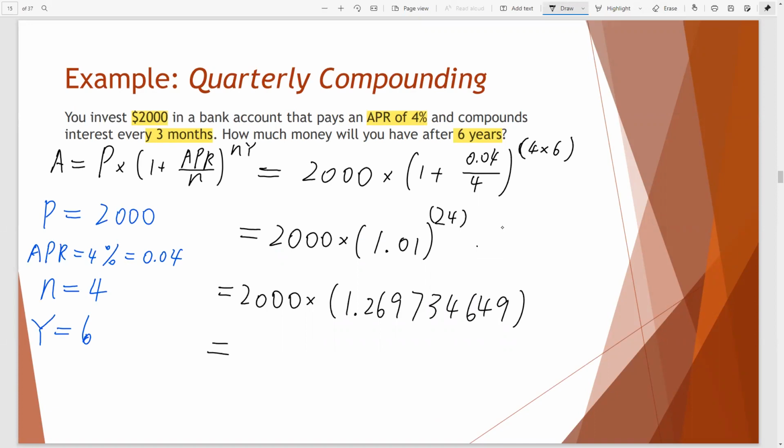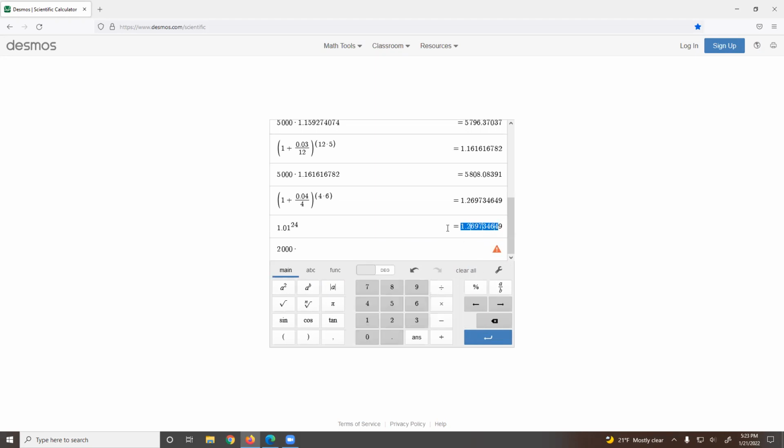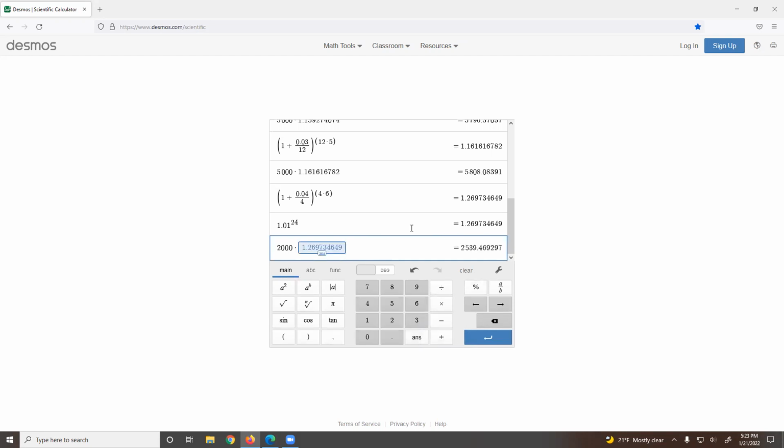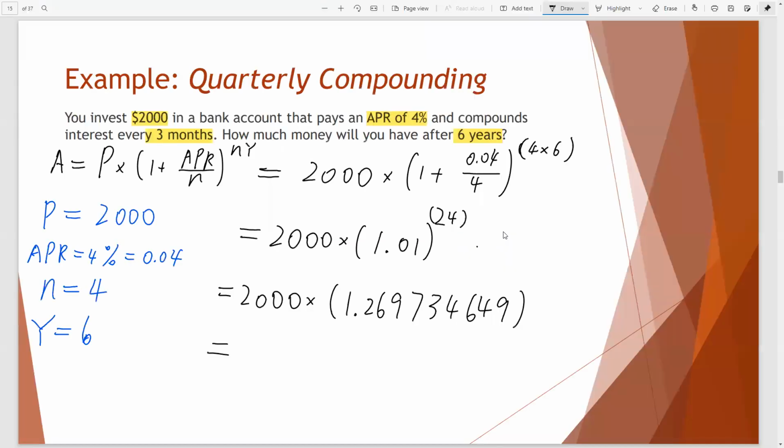All right. That's 2,000 multiplied by the answer you have. On your calculator, you may see ANS as the previous answer, so you could use that or this one. That's 2,539.469.